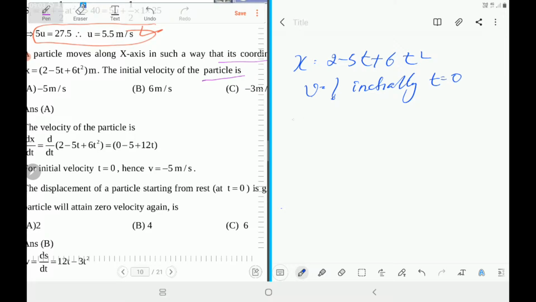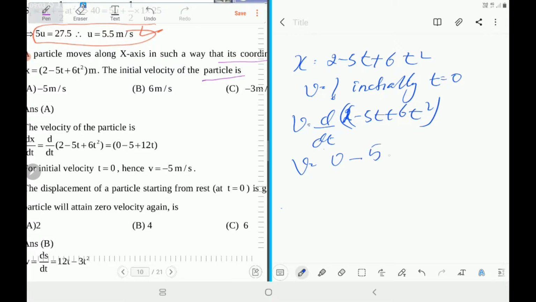Now, it's very simple. Use velocity idea, derivative form, d by dt of x, that is d by dt of 2 minus 5t plus 6t squared. Now find the derivative. Derivative of constant, d by dt of 2, 0. Minus 5 into dt by dt, 1.